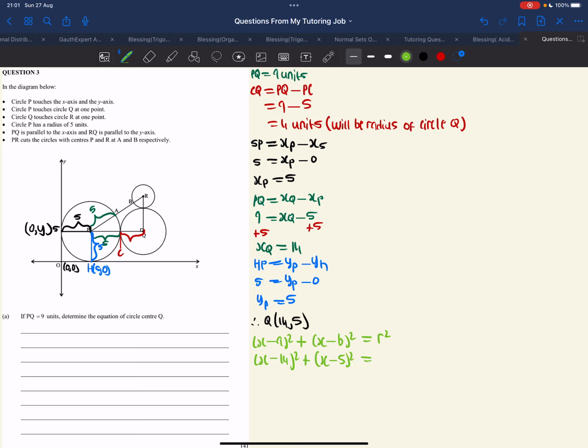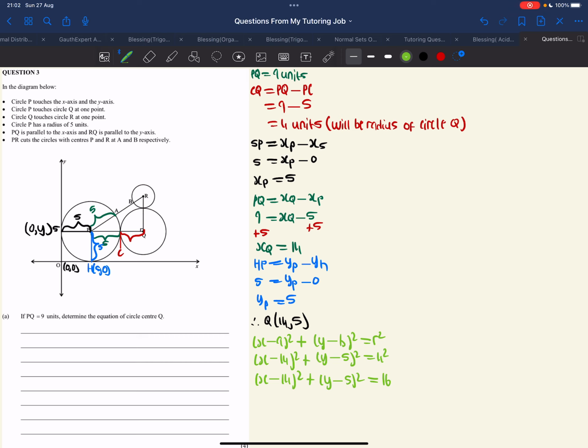Our r we found to be 4 units, so it's going to be 4 squared. That should be y minus b squared equals r squared: y minus 5 squared equals 4 squared, and that is all going to be equal to 16.